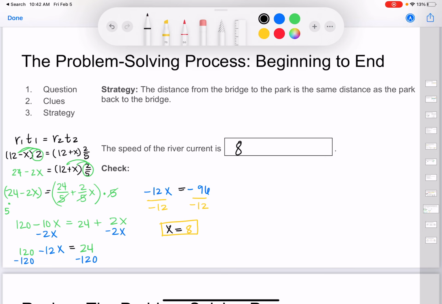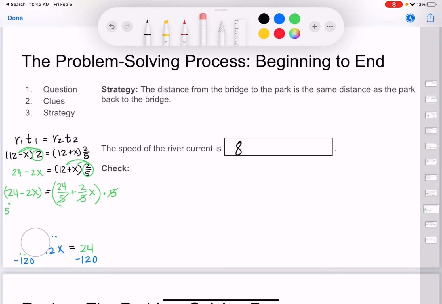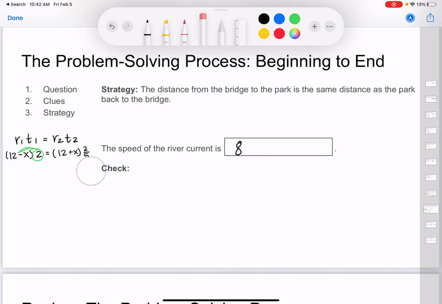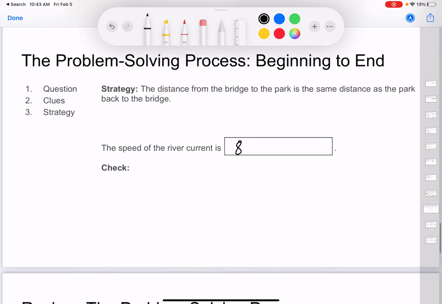But what I want to do is check this by going ahead and plugging it back into the equation. Okay, so my original equation was this one.